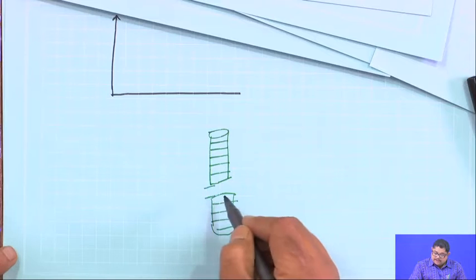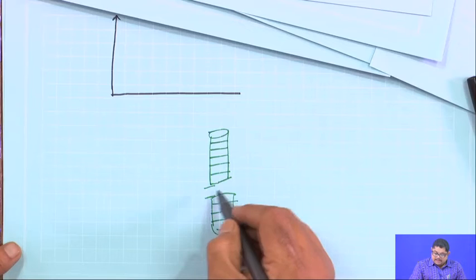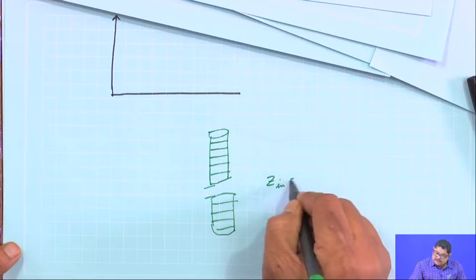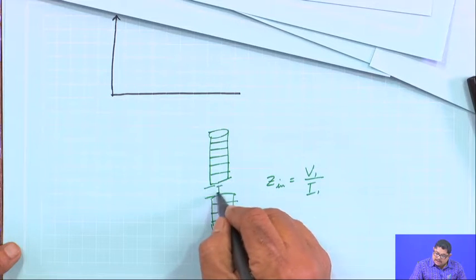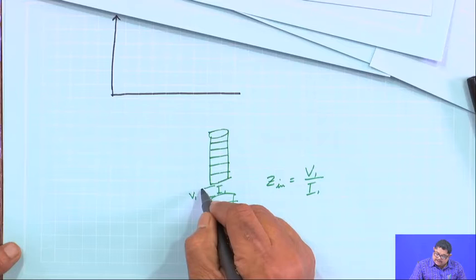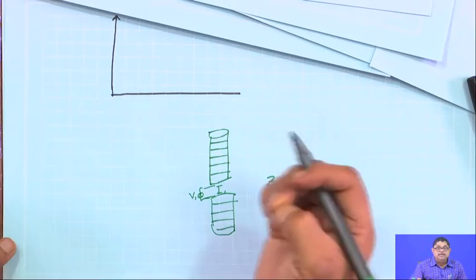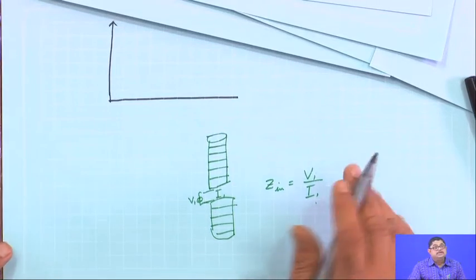So, you know the current here also, you can put an element here also, and from this you can easily write Zin is equal to V1 by I1, where I1 is the current here and V1 is the excitation given here. So, that will give you the input impedance very correctly. Remember, this V1 and I1 are complex numbers. So, you get the actual input impedance, that means the complex input impedance.